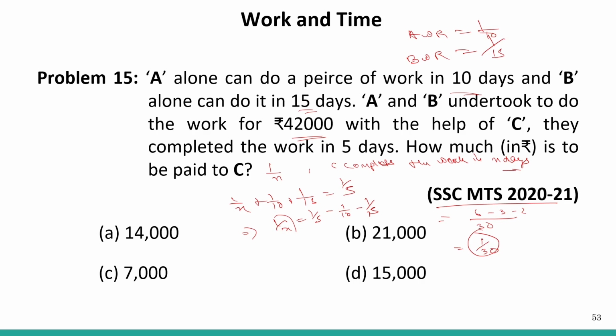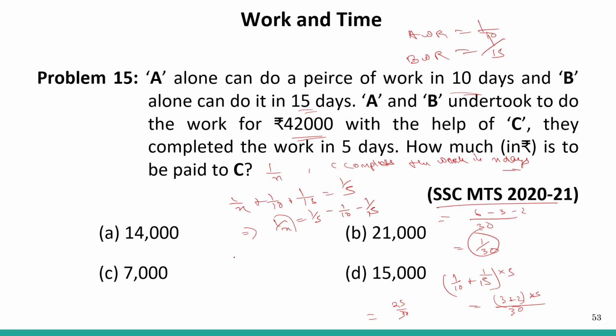Okay, so let's calculate A's work rate and B's work rate combined. The combined work rate of A and B will be 1 by 10 plus 1 by 15 for 5 days, right? So it will be into 5. So this will be 30 again, and 3 plus 2 into 5. So this will be equal to 5 into 5, which is 25 by 30.